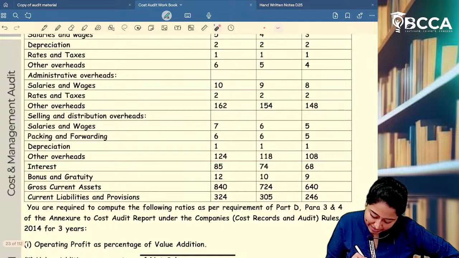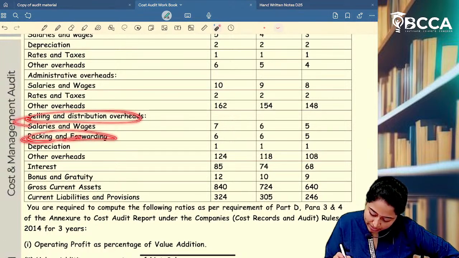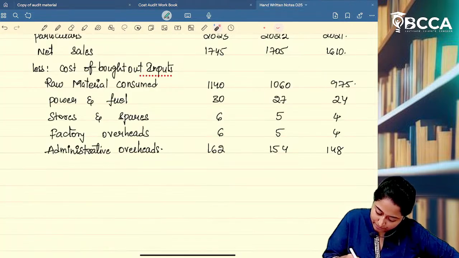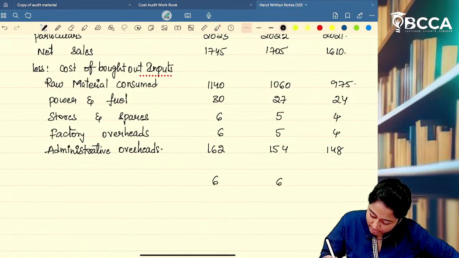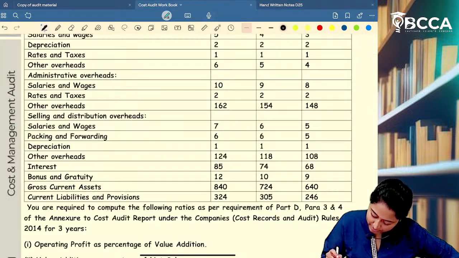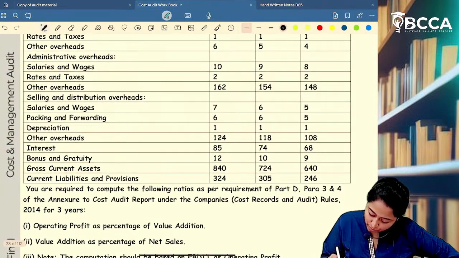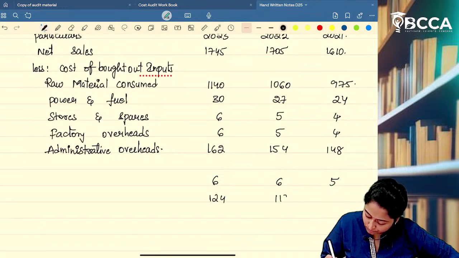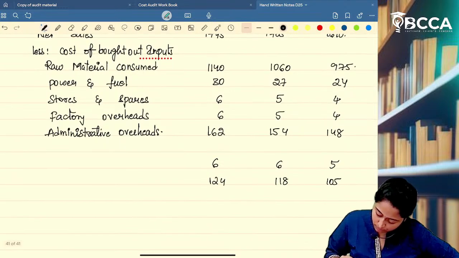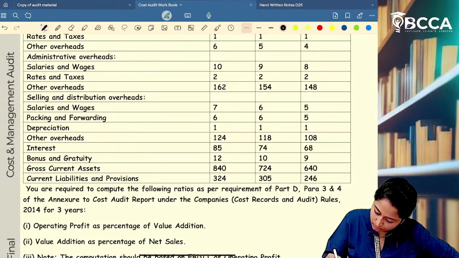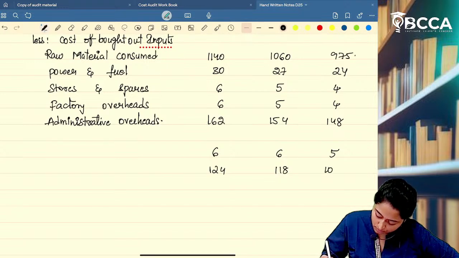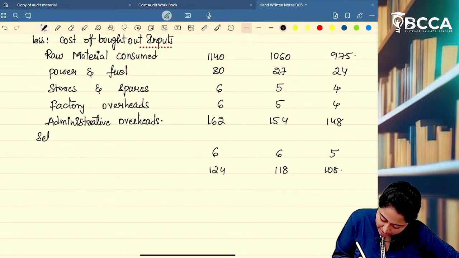Now then, selling and distribution, packing and forwarding, and other overheads. 6, 6 and 5. And 124, 118 and 108. This is selling and distribution.